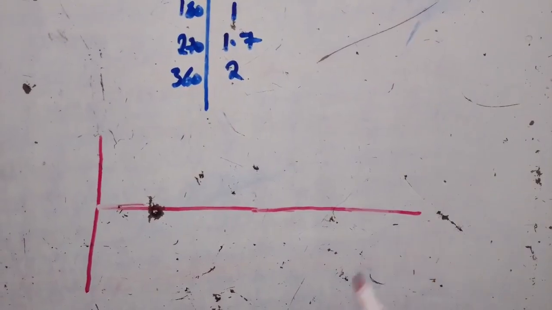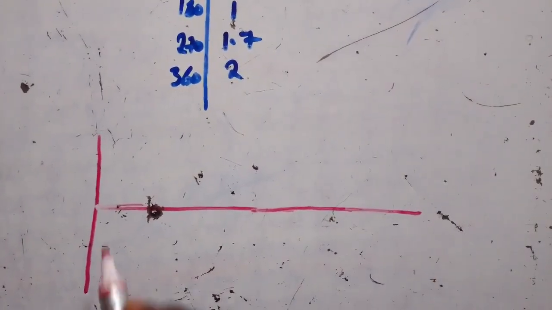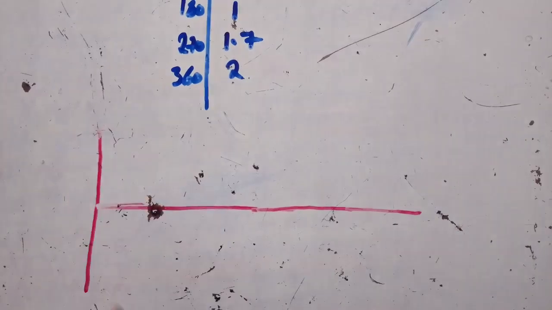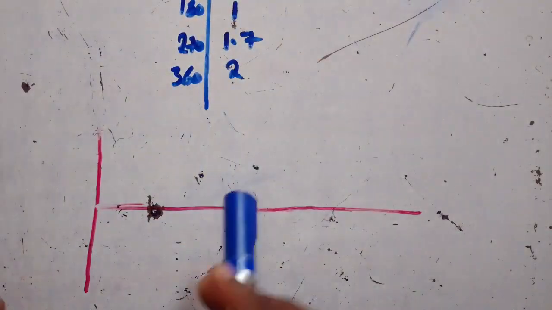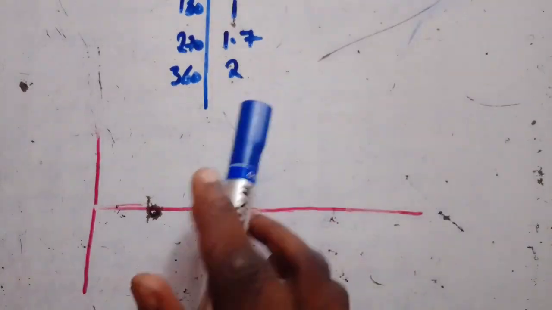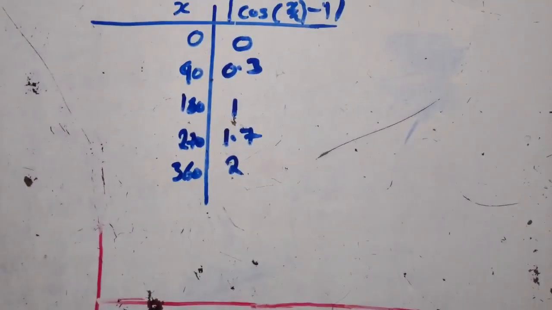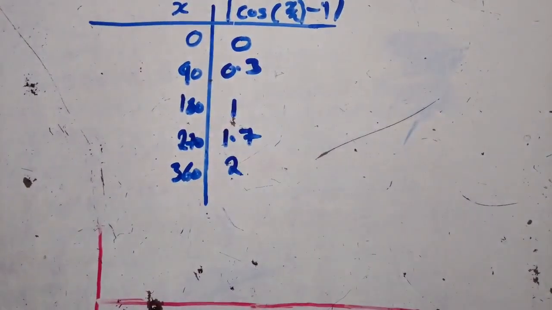Okay, so this is our graph. We just put these values on the y-axis, because these points represent the values of y.